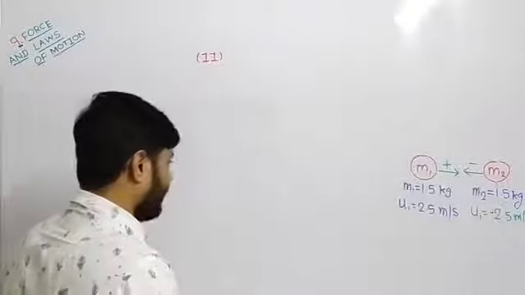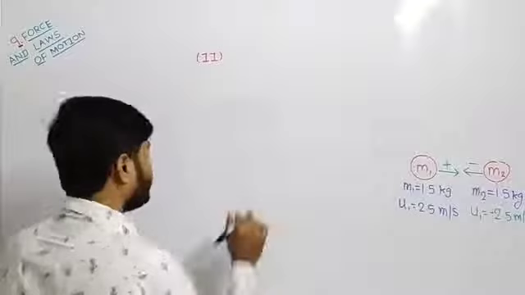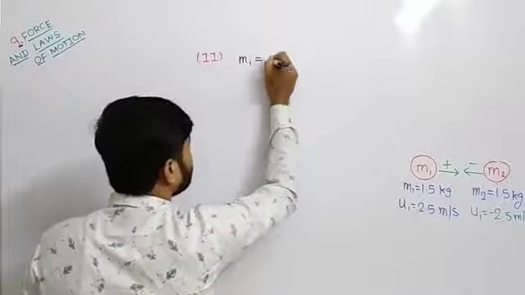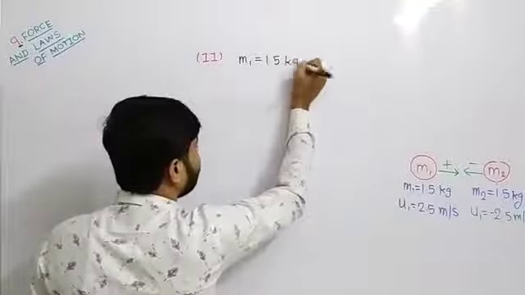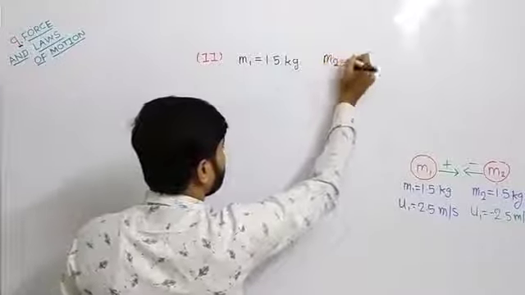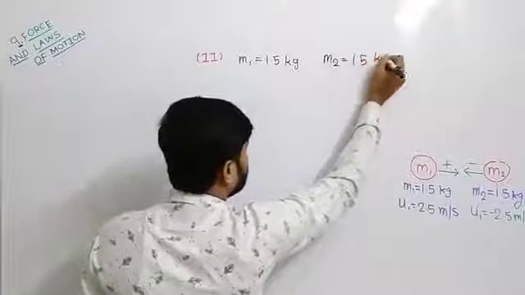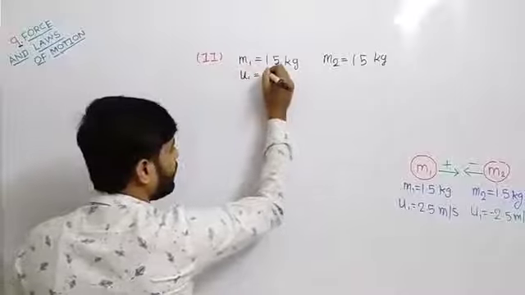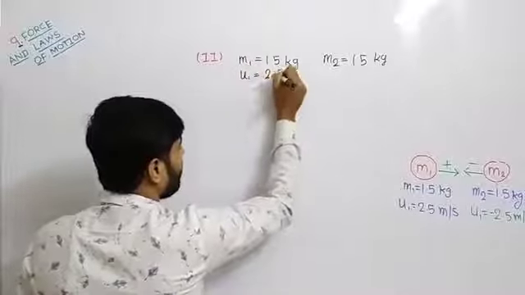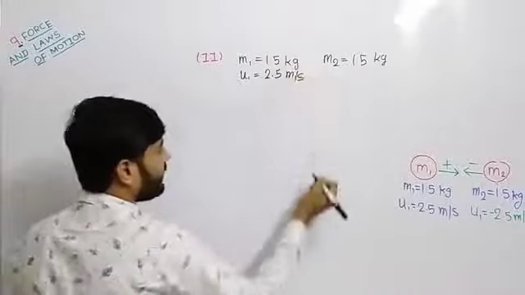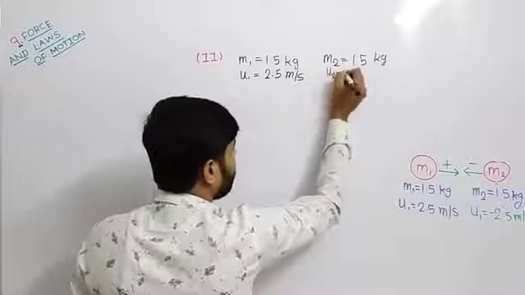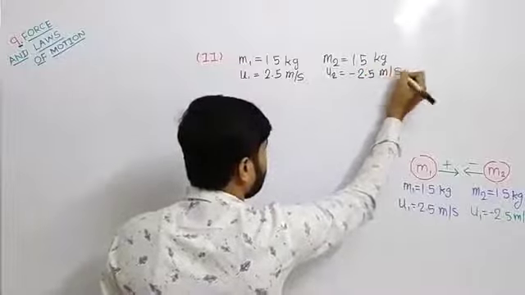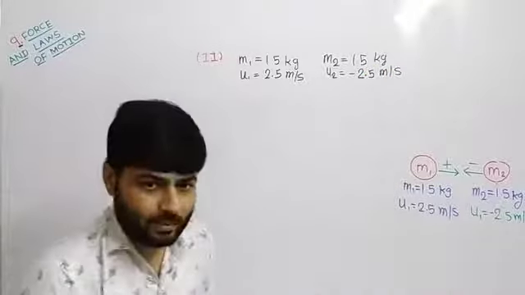Let me write the given data here. We have two objects, with mass M1 as 1.5 kg, mass M2 as 1.5 kg. Initial velocity U1 is equal to positive 2.5 meter per second and U2 is equal to negative 2.5 meter per second. Why negative?